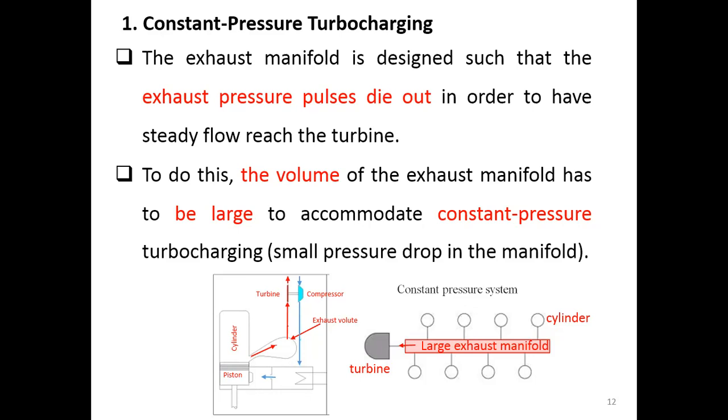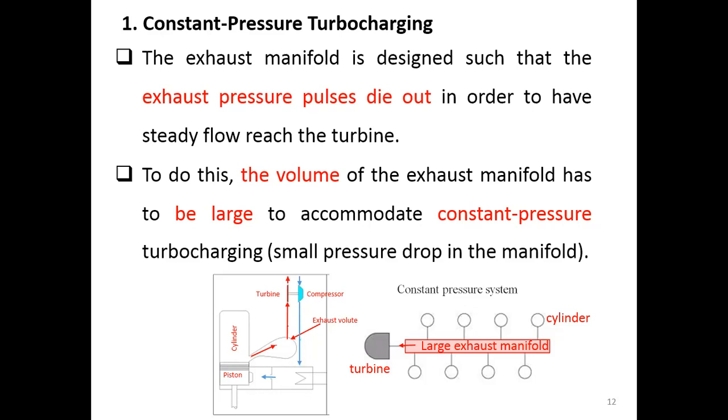To do this, the volume of the exhaust manifold has to be large. So the sizing of the exhaust manifold has to be big in order to accommodate the constant pressure turbocharging. So you have a steady flow, because the steady flow comes out with constant pressure. So the exhaust manifold has to be big or large.